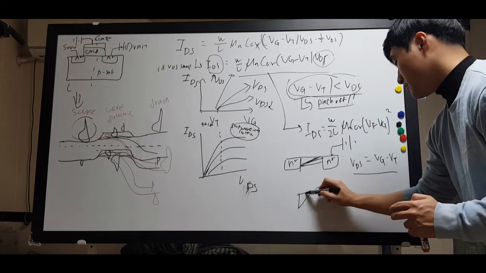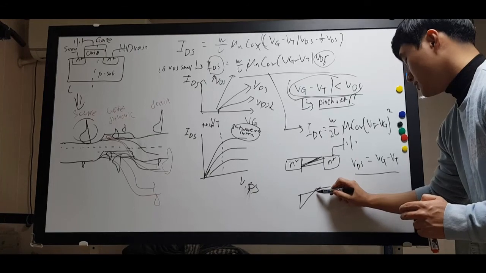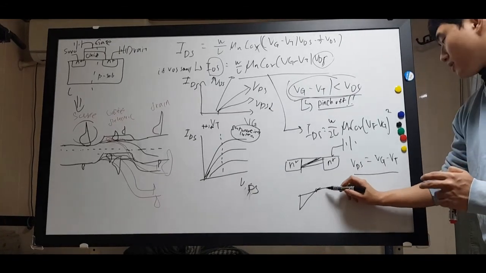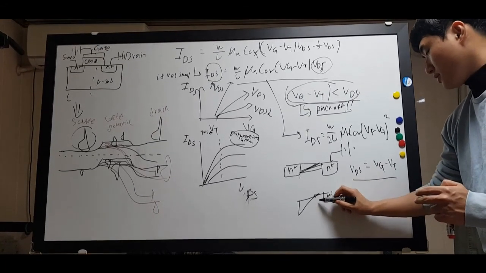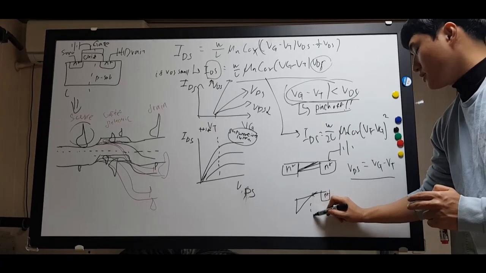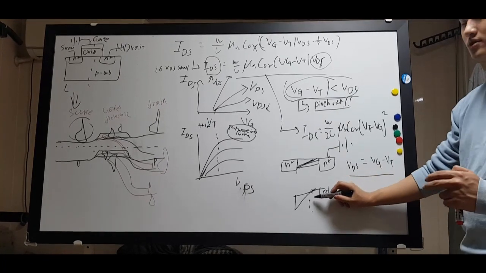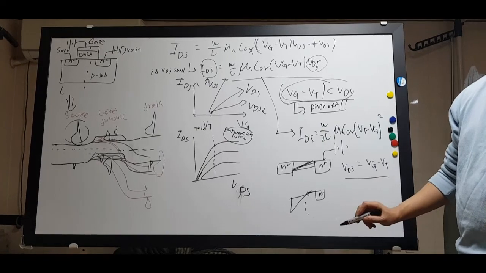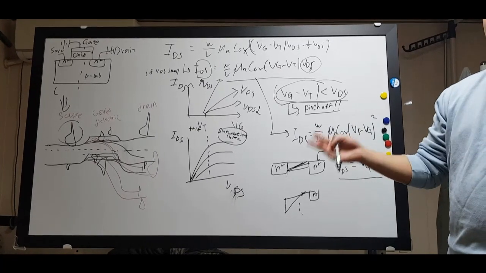So, in more detail. Here is the cut-off channel. Here will be the depletion region. We know in depletion regions there is a very strong electric field.